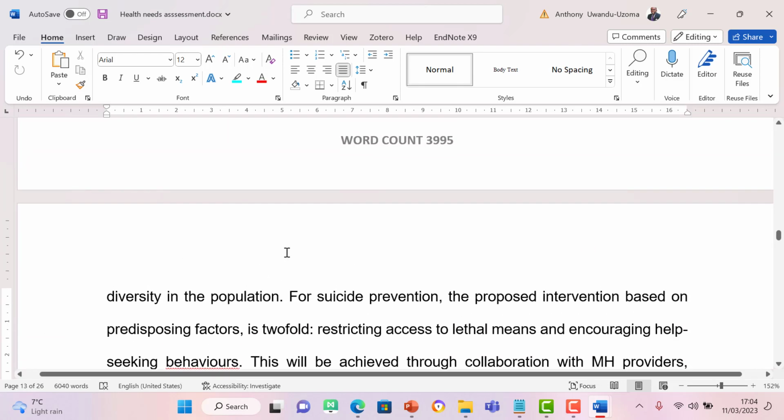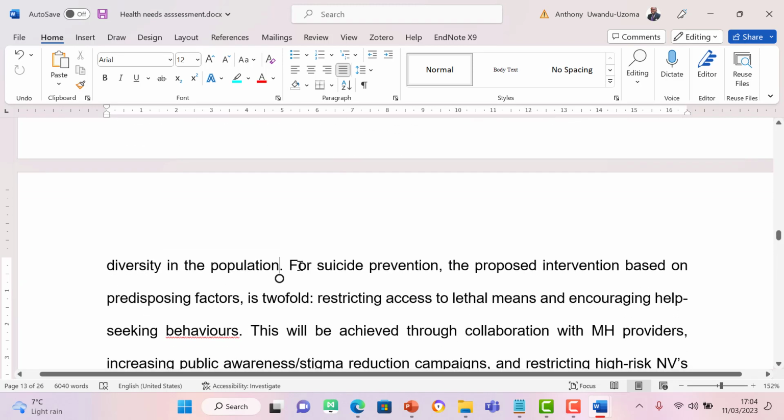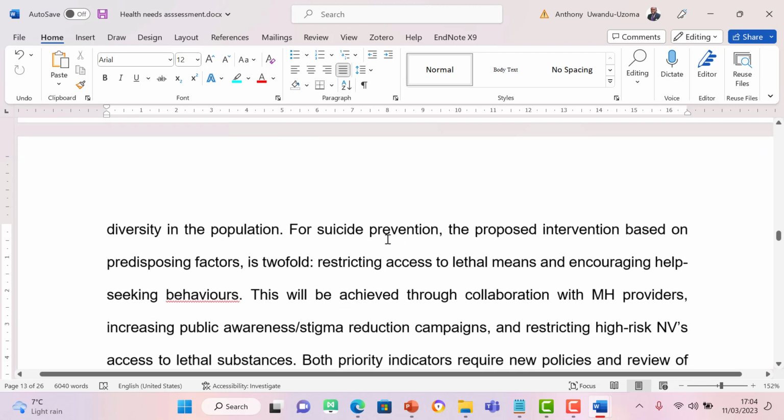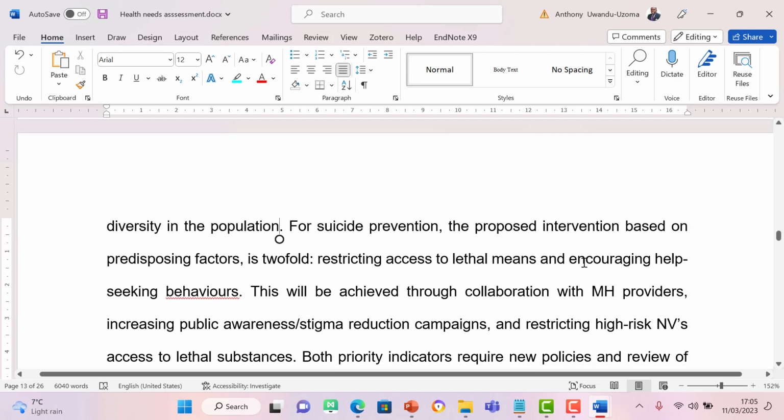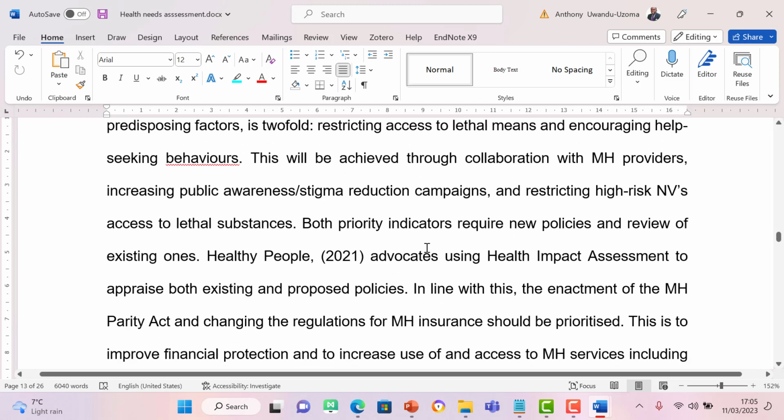So the author listed three strategies here for mental health. And then for suicide prevention, the author proposed restricting access to lethal means and also encouraging help-seeking behaviors. This will be achieved through collaboration with mental health providers, increasing public health awareness, and stigma reduction campaigns.